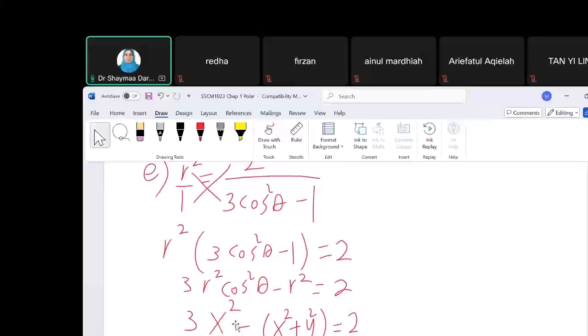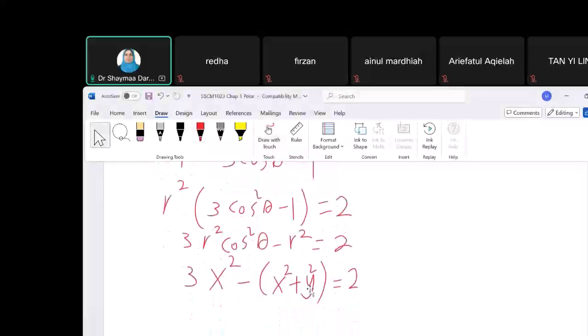But be careful: when you write x squared plus y squared, you have to put brackets, because the minus applies to both x squared and y squared. Those who do not put brackets will consider the minus for x squared only, which is incorrect. So this is why we have to write the brackets: minus, open bracket, x squared plus y squared, close bracket, equal to 2.